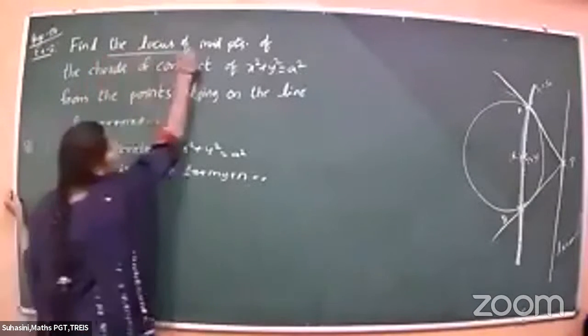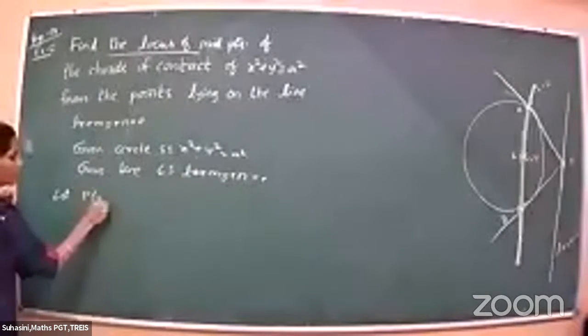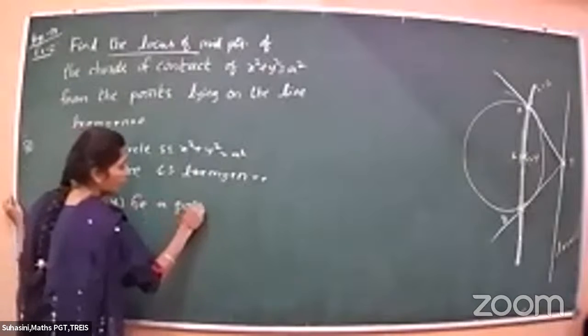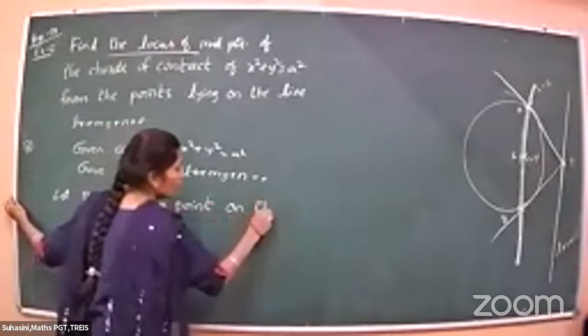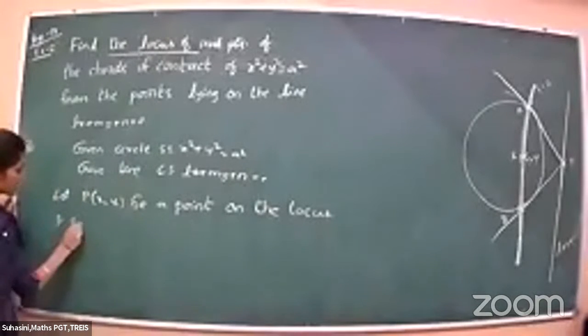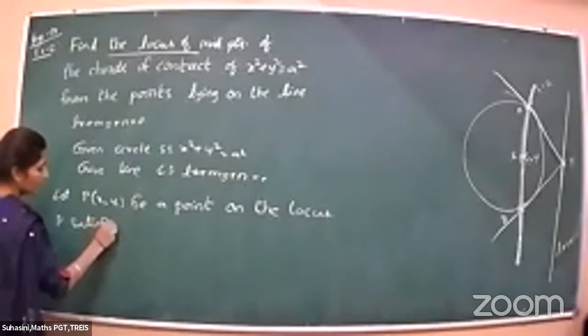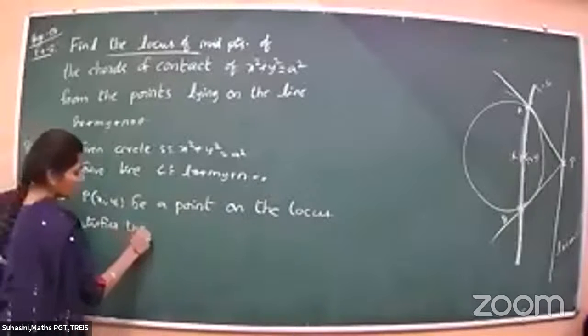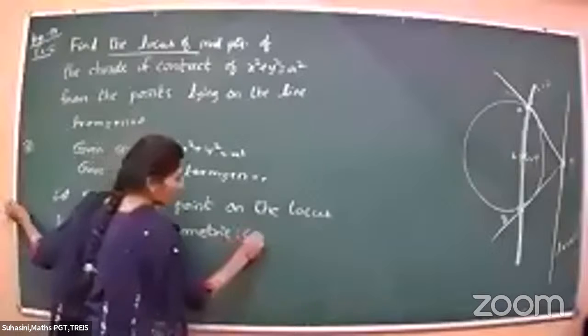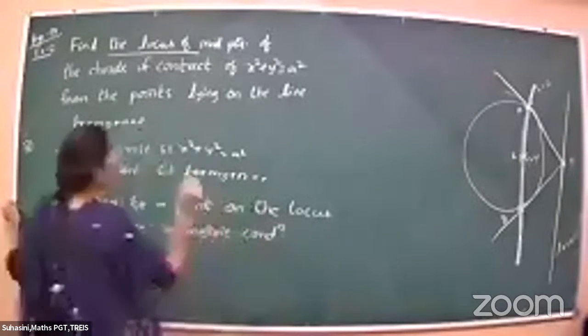Because we are talking about the locus, let us choose a point on the locus. Let P x1 y1 be a point on the locus. Then P satisfies the geometric condition. What is the geometric condition, children, satisfied by P?